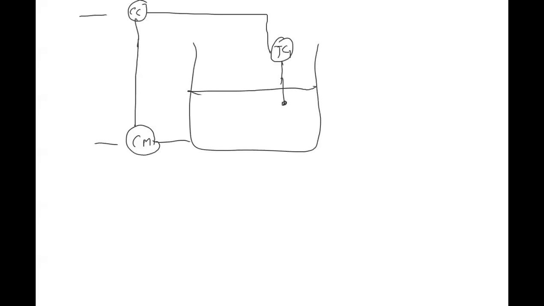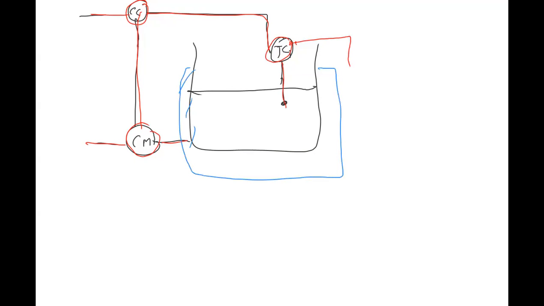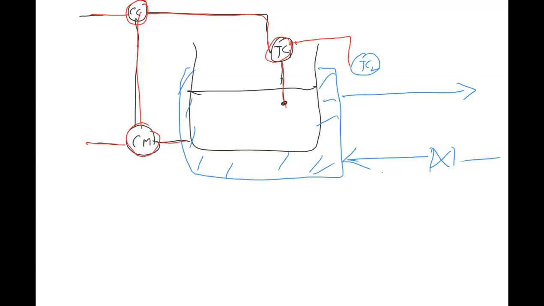You are measuring the temperature of the CSTR. This in turn gives set point to TC2, on the cooling water jacket, with cooling water in and cooling water out. This gives set point to FC.